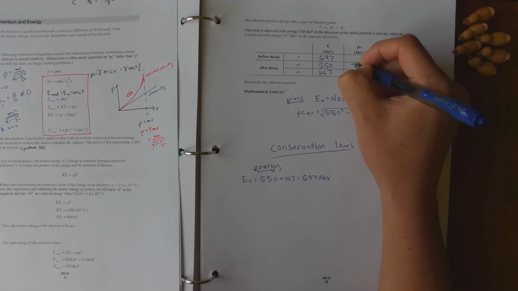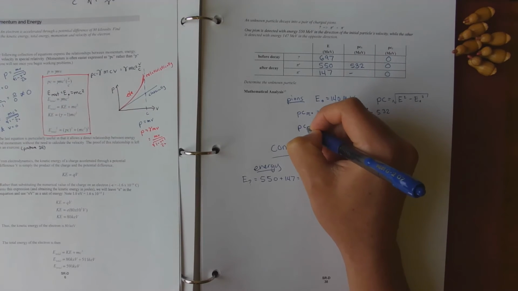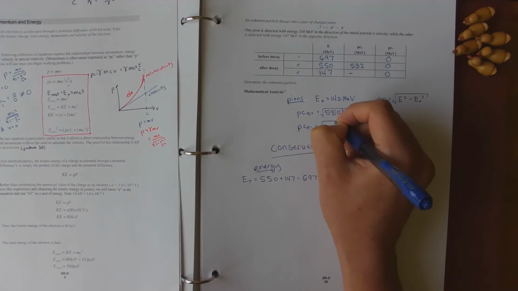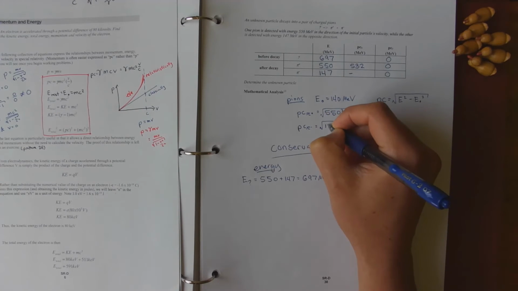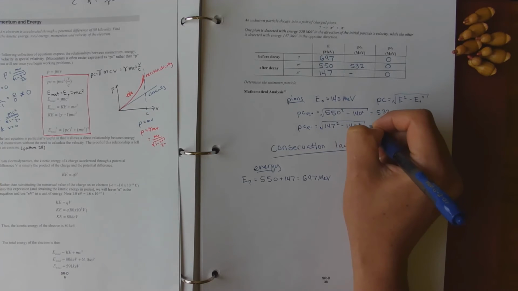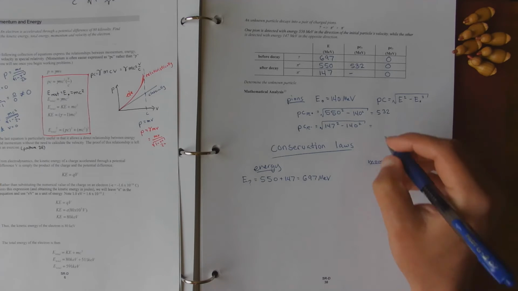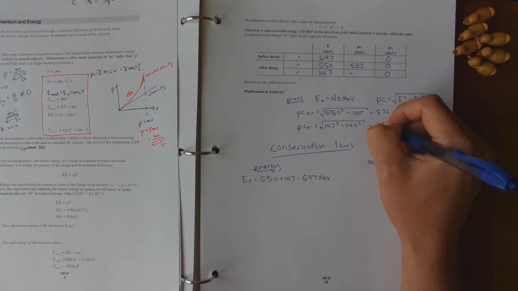So that is the momentum for that particle. And for the other one, that would be total energy of 147 minus the rest energy, which is still 140. And that gives us 45, but I know it's supposed to be negative.